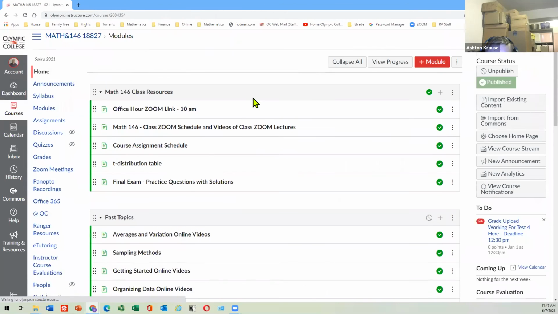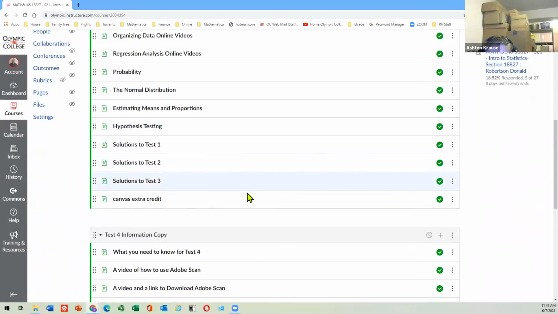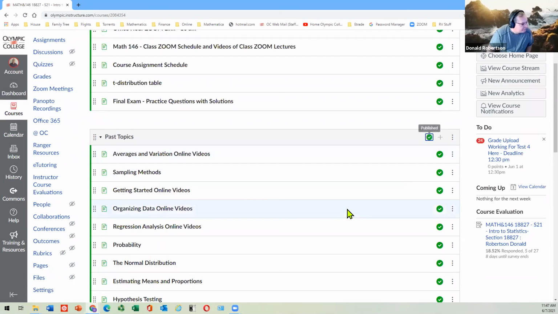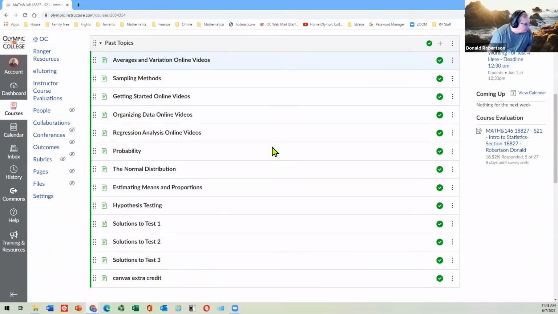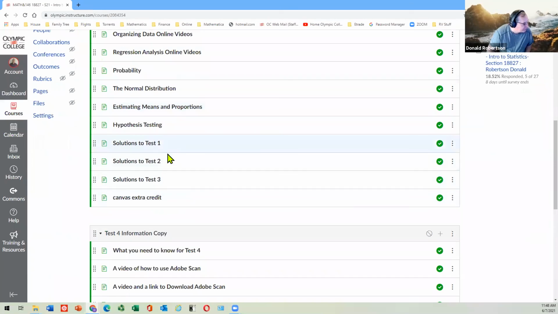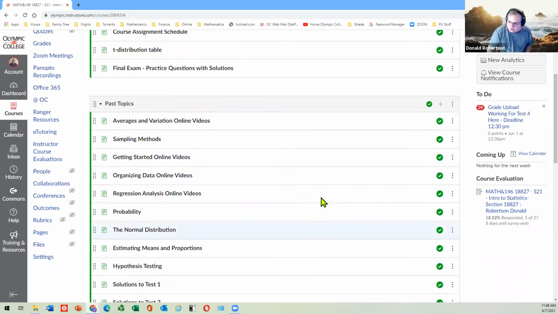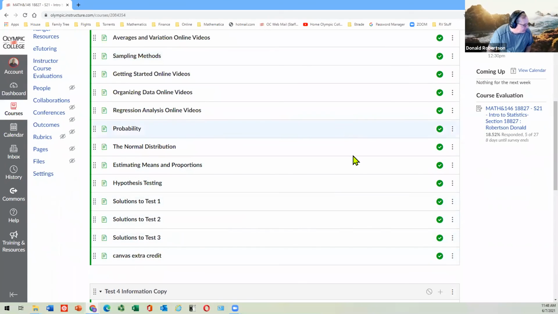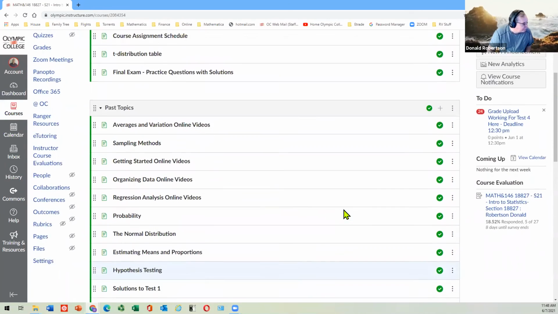So I only have the top piece: the practice, T distribution, and a couple of general things like the schedule. There we go. For some reason, I forgot to publish it. It'll be visible now. It's under a thing called past topics, and there are the solutions to the tests. So if you go to Canvas and look for a tab called past topics, you will find the solutions to the tests.